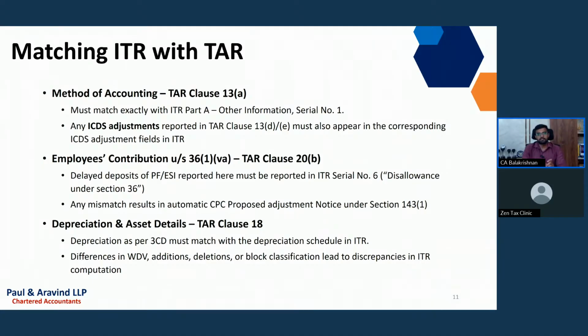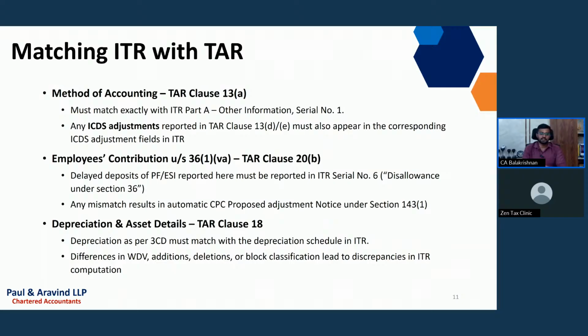Because if it is not matched with the ITR, then definitely we will get a scrutiny notice or proposed adjustments. In the department's view, the tax auditor has correctly reported, and maybe the assessee has reported differently due to some mistakes. So initially they will issue a proposed adjustment notice.